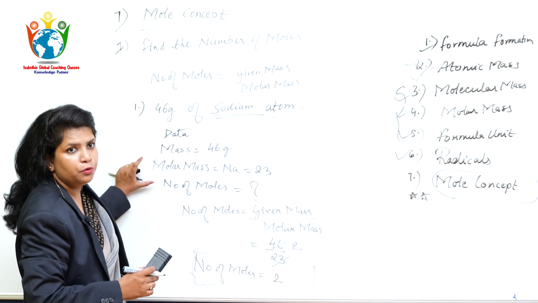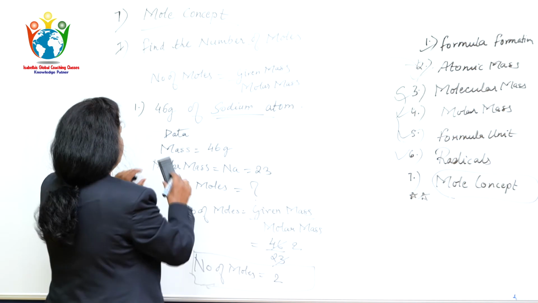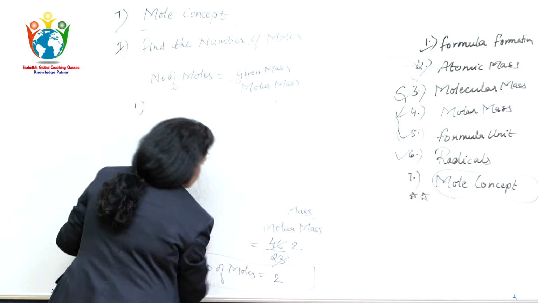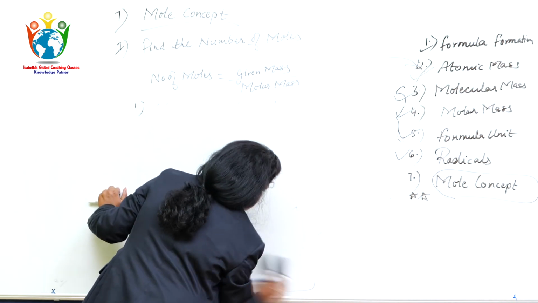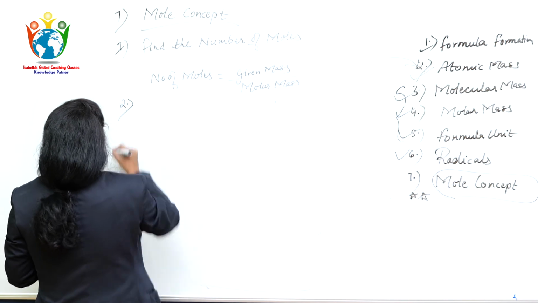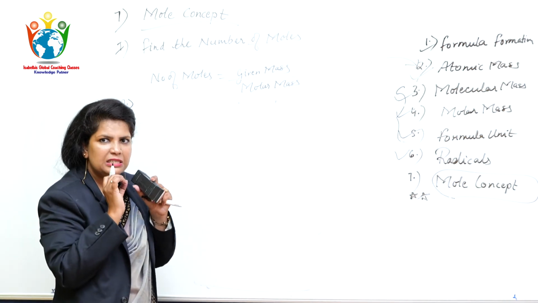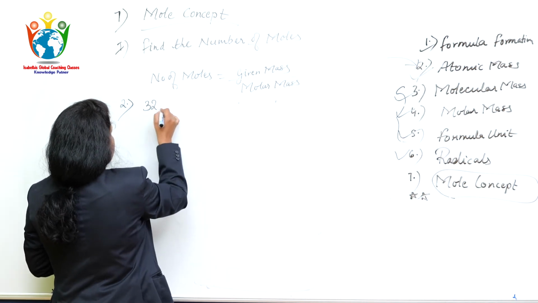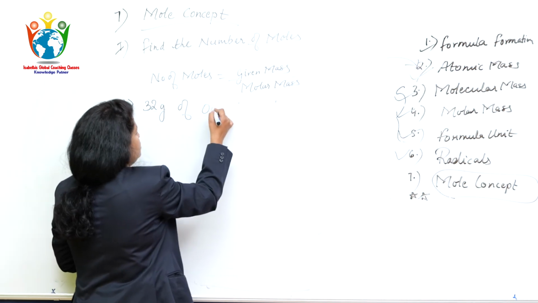You want me to solve one more question? Okay, we'll go with one more question. I am taking simple questions so that it becomes easy for you to understand. Okay, I am taking 32 gram of oxygen gas.